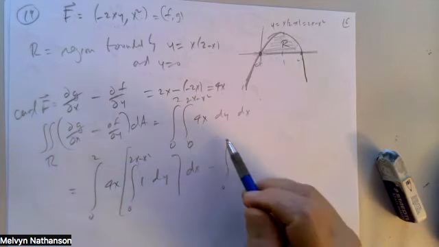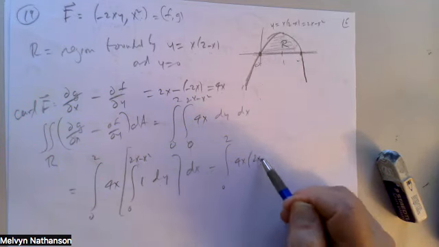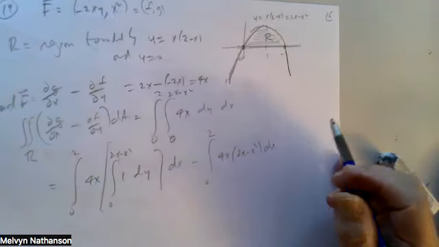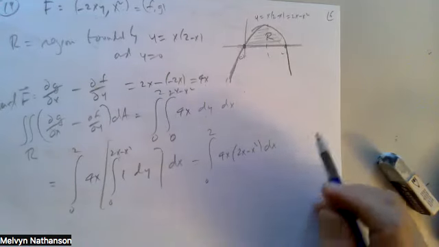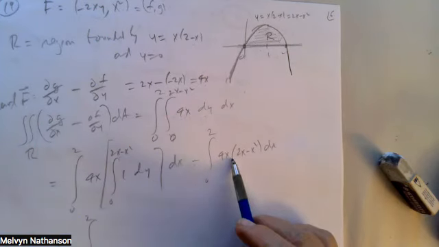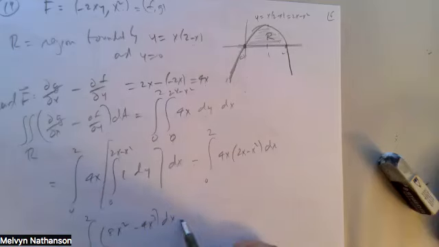This is the integral from 0 to 2 of 4x times 2x minus x squared dx, which is the integral from 0 to 2 of 8x squared minus 4x cubed dx.